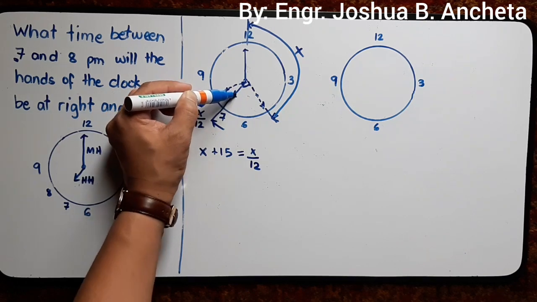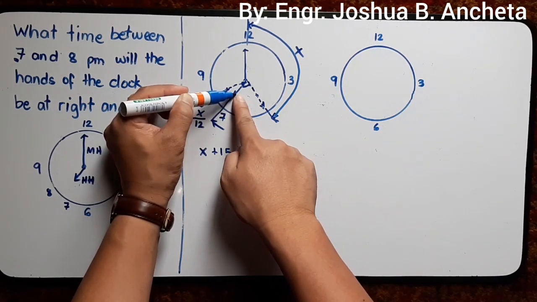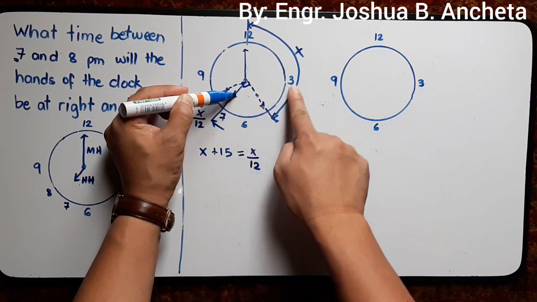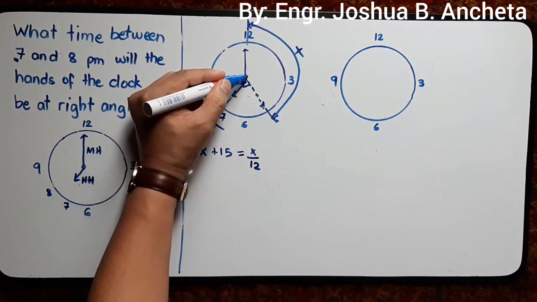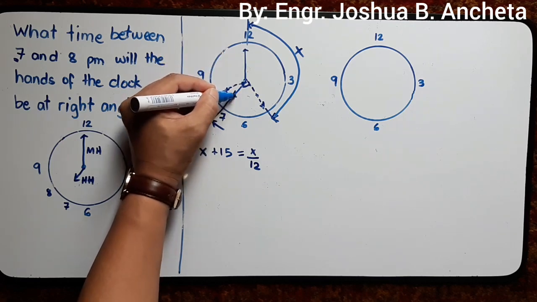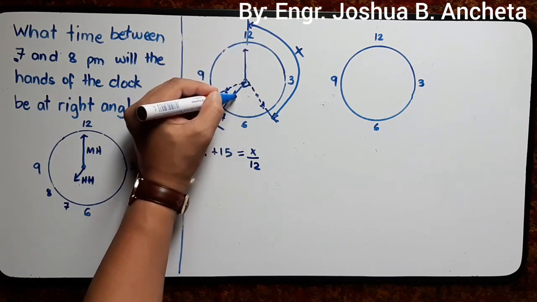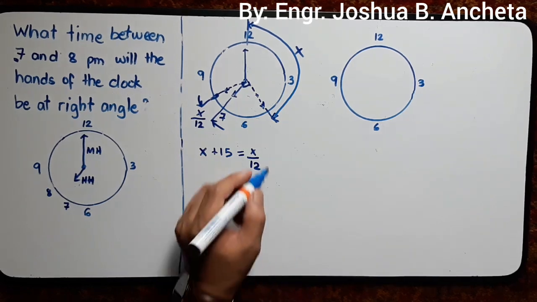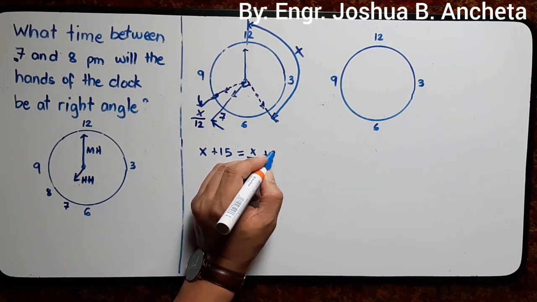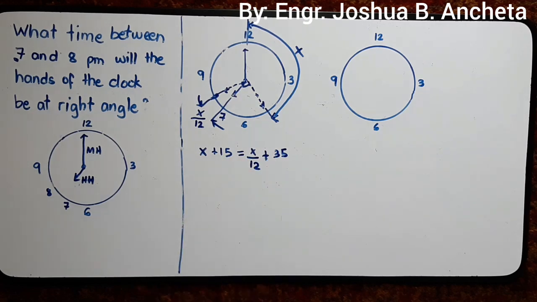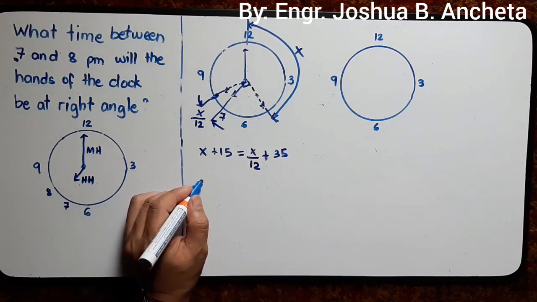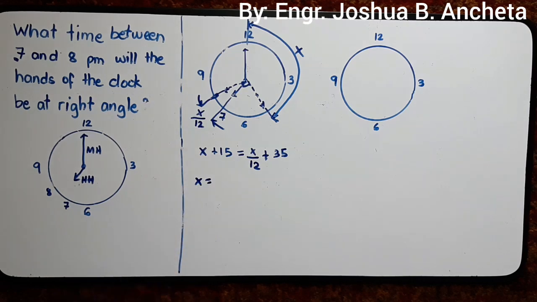So to cover the boundaries, what is the value from this position up to this position? That is equivalent to the distance between 7 and 12, which in terms of minutes is 35. Then with the solution, solve for x.